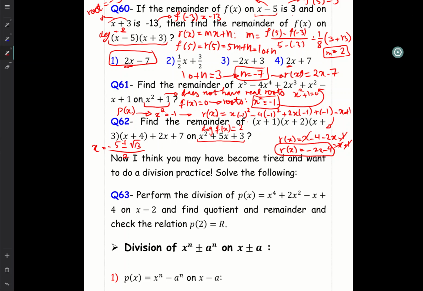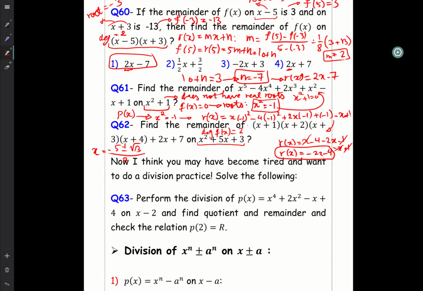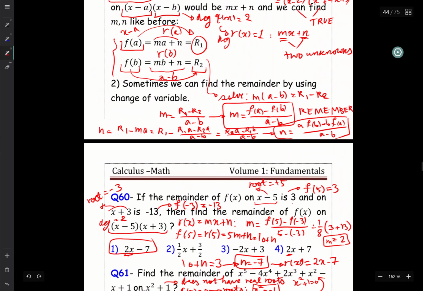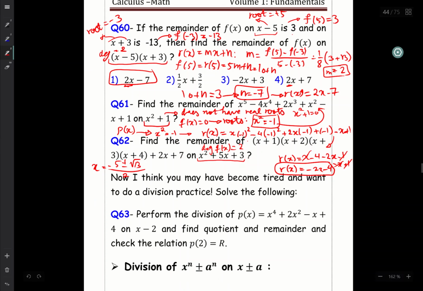But now we can proceed with the previous approach to find the remainder. Find m and n: evaluate this p(x) at (-5 + square root of 13)/2, and also evaluate it at (-5 - square root of 13)/2. But we can use a trick here.